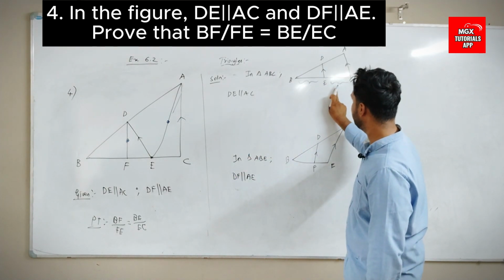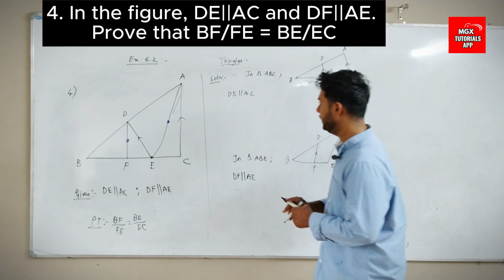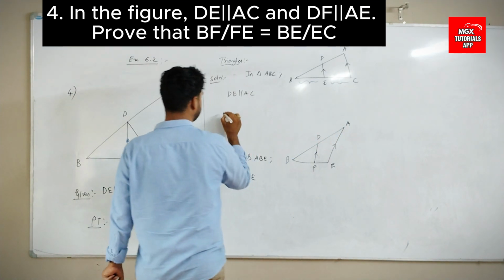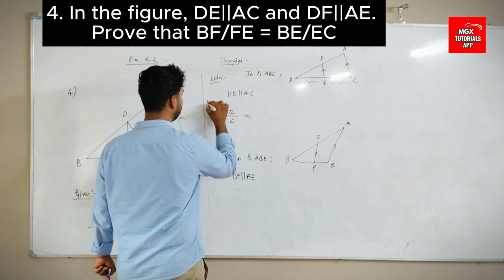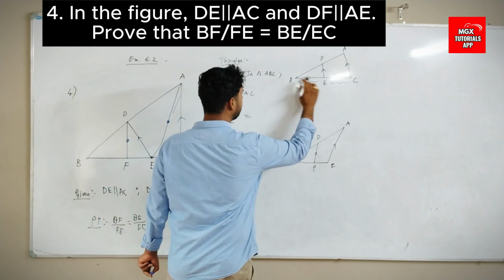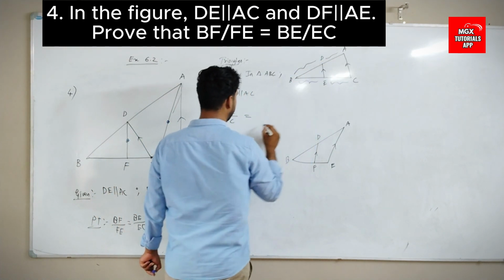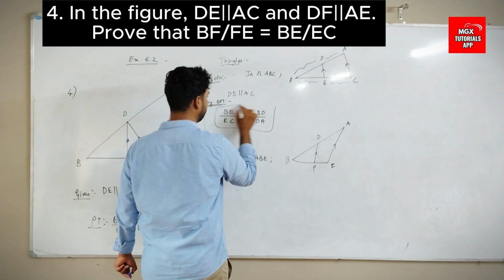So BC by EC is equal to, by BPT, BD by DA. BD by DA, equation 1.